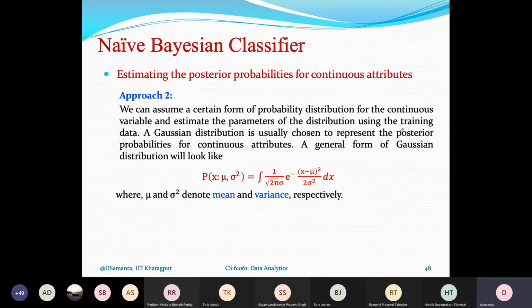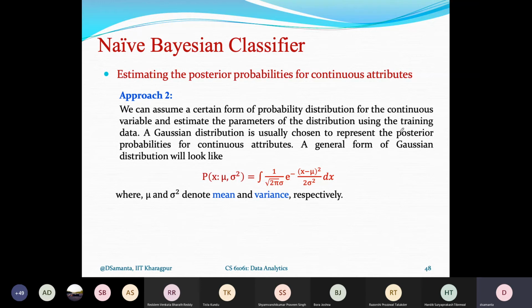Now let us see approach 2. Let us again consider that given an attribute, say A, this attribute has a range of values in a continuous domain. Say salary earned: salary can be any value from 10K to 100K, any decimal value included, so it is a continuous distribution.